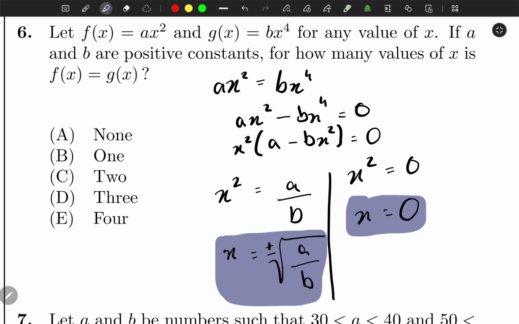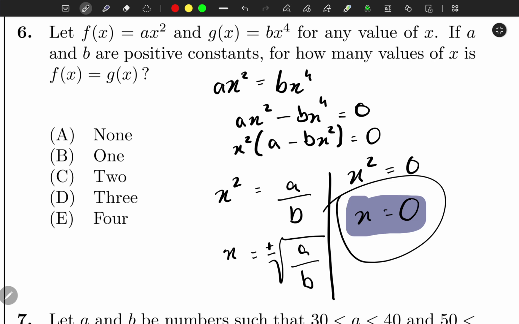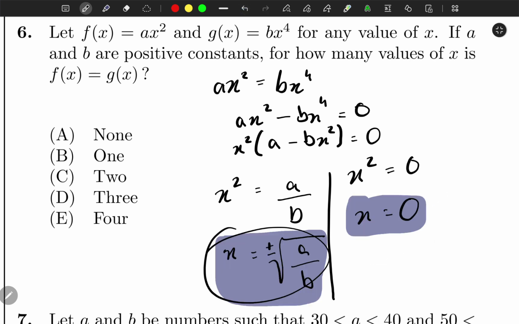So x could be plus square root of a over b, and it could also be minus square root of a over b. So I guess they're asking us how many values of x satisfy this equation. If we're talking about that, then it's going to be 1, then 2 and 3. So it should be 3. Let me just write that down. Yeah, so the answer should be D.